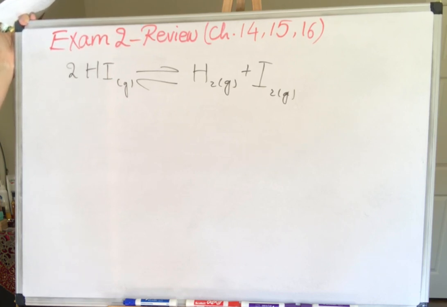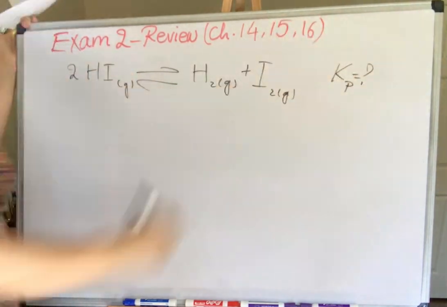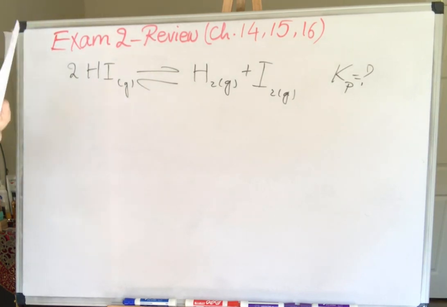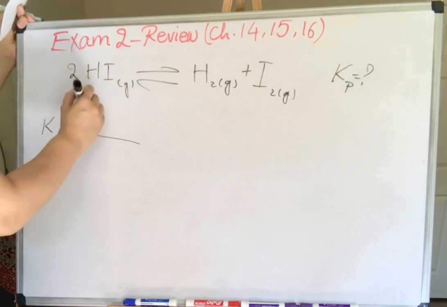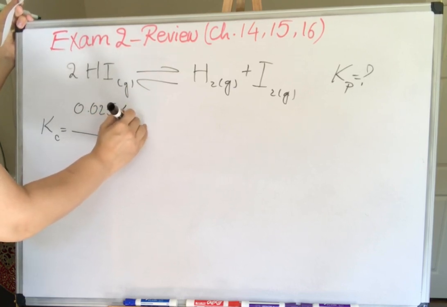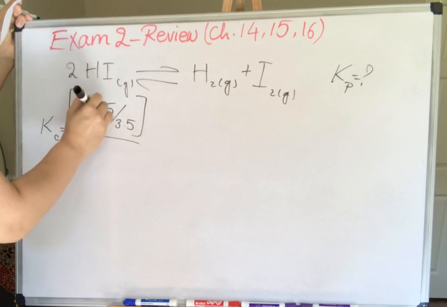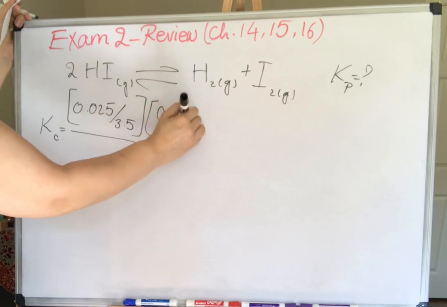We're supposed to find the Kp, but the partial pressures are not given; the number of moles are given. We are supposed to find the molarities first and then find the Kp. So for Kc, we have the number of moles at equilibrium, so let's divide all of them by the liter so they change to molar concentrations, because you cannot put moles, you need to put the molar concentrations.